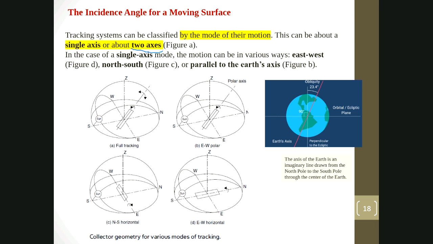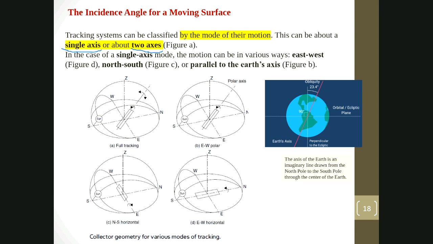So either I have full tracking, which we call a 2-axis system, so the surface will move on 2 axes and try to follow the sun. The second is the single axis, where the surface will track within 1 axis.